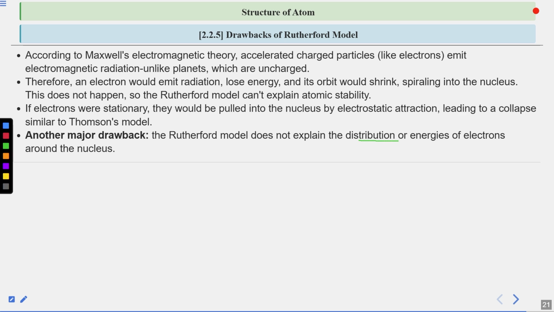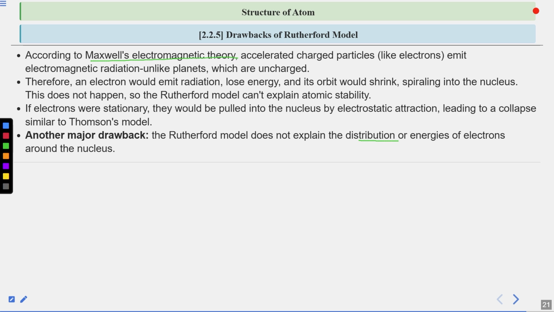So again, I am repeating the whole set of drawbacks. Two drawbacks are there. First, according to Maxwell's electromagnetic theory, if any charged particle is under constant acceleration, then it would emit radiation. Now, our electron is revolving around the proton. The electron is negatively charged, so it is a charged particle. And since it is revolving around, it is changing its direction constantly.